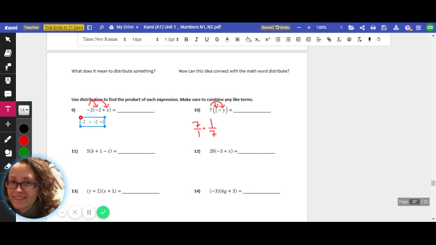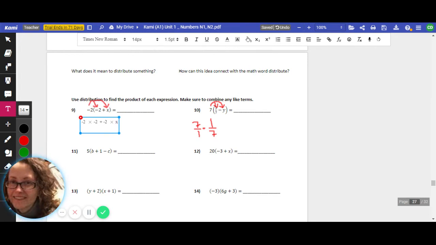Add that to a -2 times, I took the -2 times the -2 on the inside, and then the -2 again times the x.